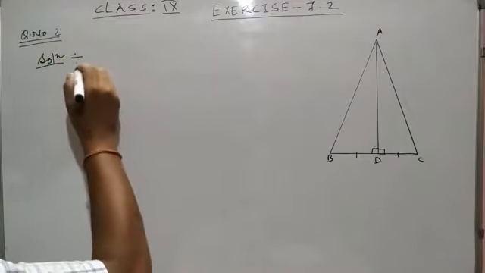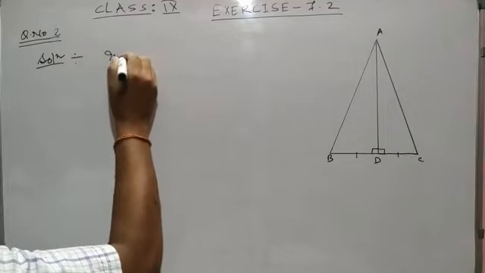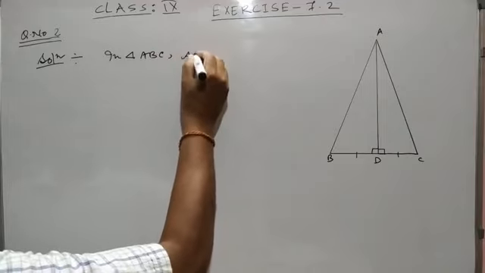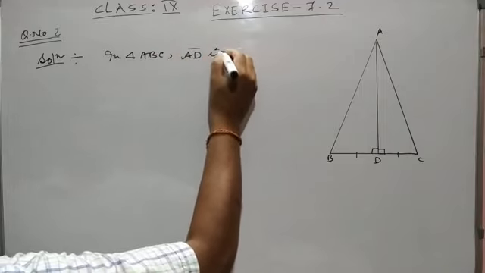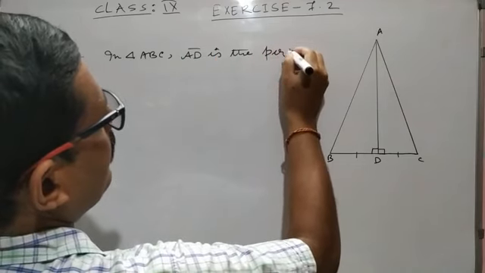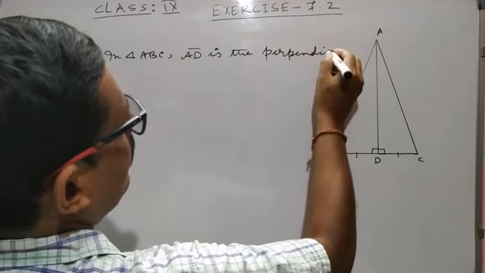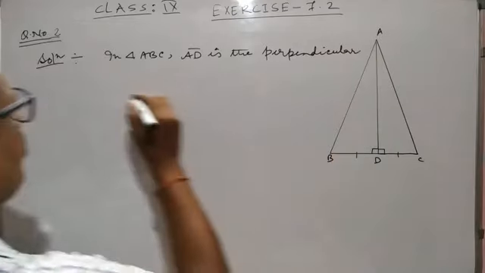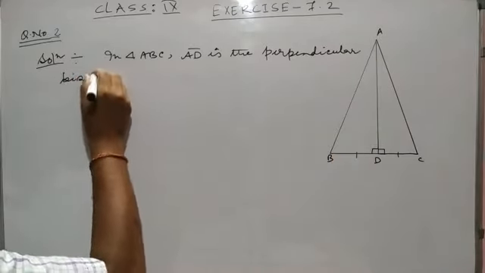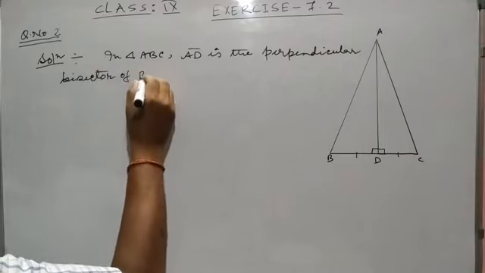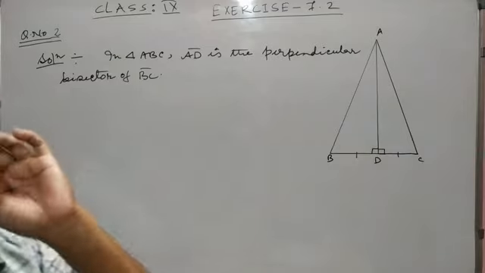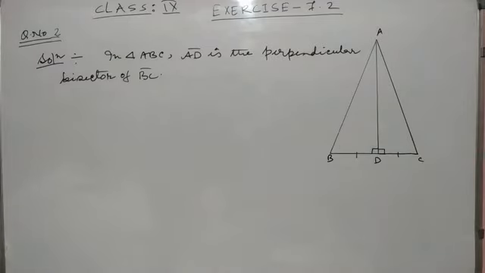Given here, in triangle ABC, AD is the perpendicular bisector of BC. You will see the question in your textbook.